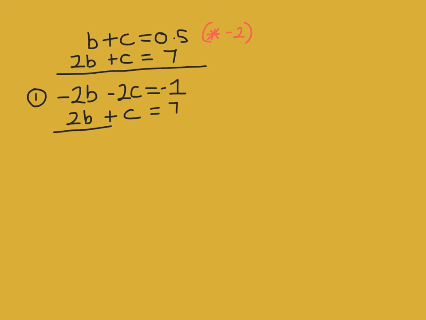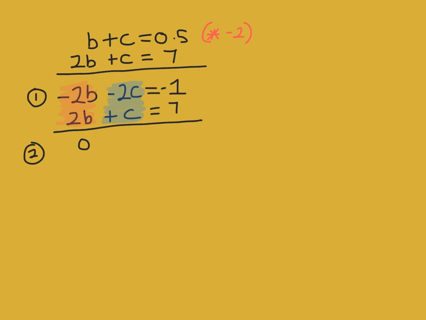Okay, so I'm going to draw a line under that, and I'm going to look at doing all of my different columns. So adding and subtracting my columns. If I look at my first column, I have -2b plus 2b. And we know that that's going to give me 0. My second column then, I have -2c plus c.